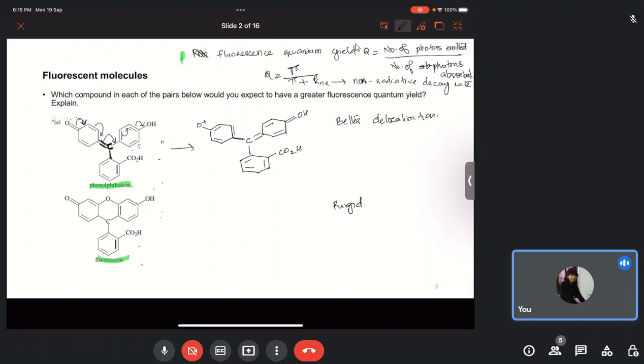If you look at one of the other bonds, it is slightly flexible, but because of better delocalization in the case of phenolphthalein, it has a better quantum yield compared to fluorescein.